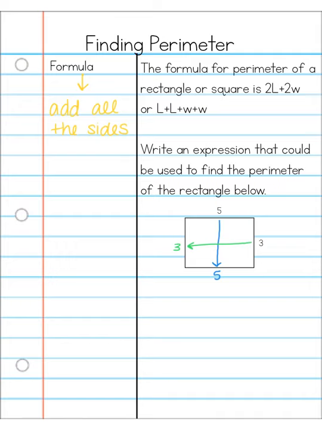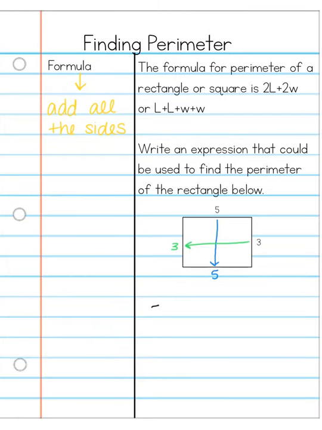To find perimeter, I add all 4 sides. My length is 5, so it would be 5 plus 5, and my width is 3 plus 3. So my expression would be 5 plus 5 plus 3 plus 3.